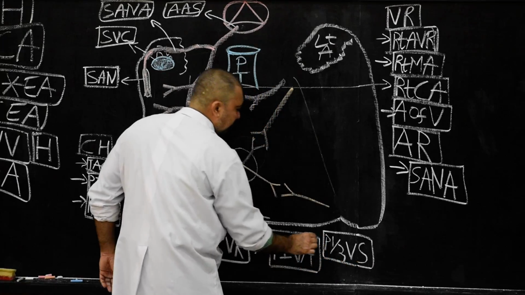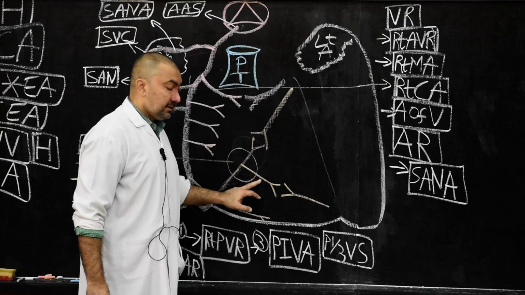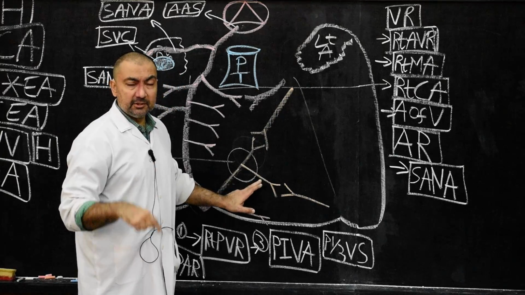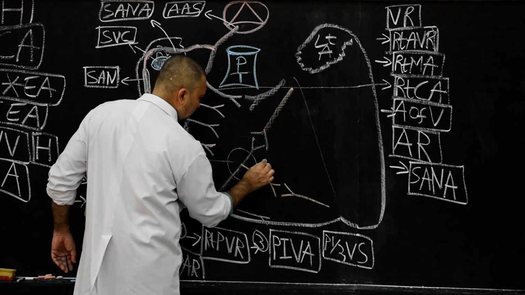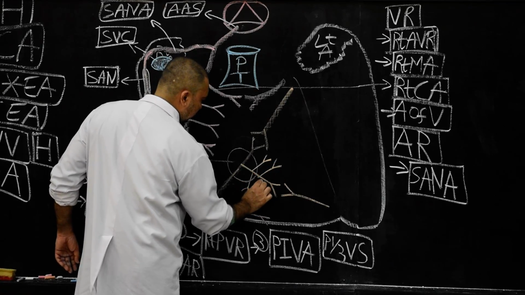This is very, very important. What does it do? It will supply the posterior inferior 1/3 of ventricular septum through its septal branches. So here we show, from this we show various septal branches.